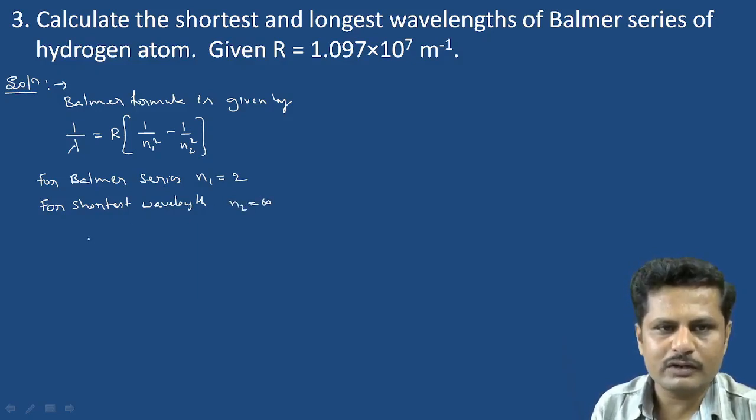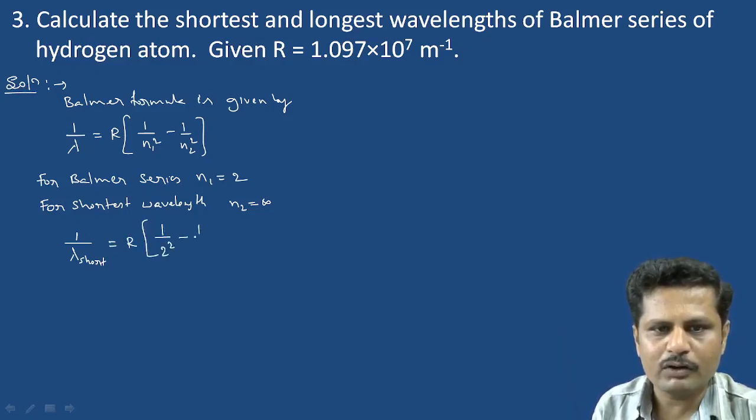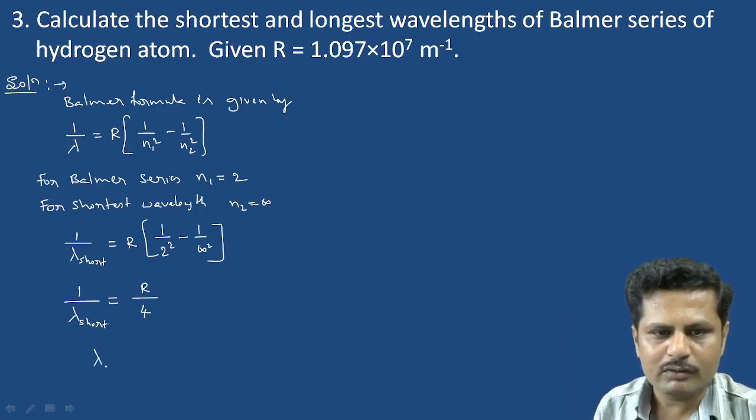On substituting these, we get the shortest wavelength of the Balmer series. So 1 by lambda shortest equals R of 1 divided by N1 square, that is 2 square, minus 1 divided by infinity square. So it becomes 1 divided by lambda shortest equals R divided by 4. So lambda shortest, that is the shortest wavelength, equals 4 divided by R.